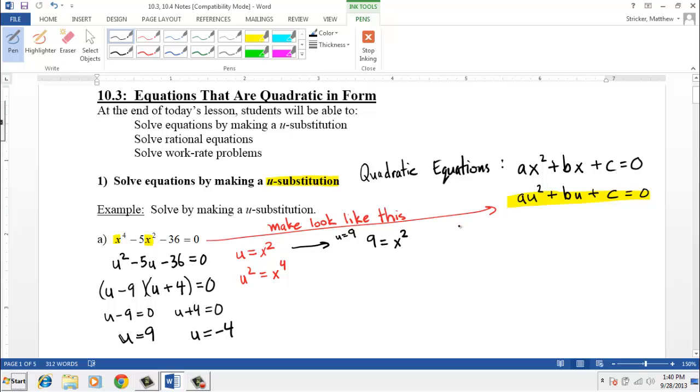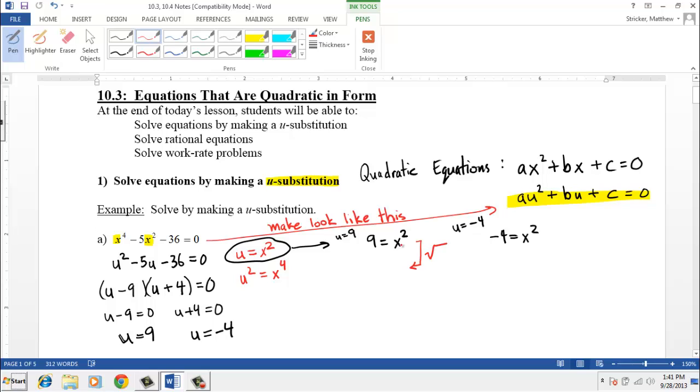And then my second one was U equals negative 4, which means this equation would turn into negative 4 equals x squared. Then how do we solve that? How do we solve for x? Well, hopefully you said the square root property, like we did in a couple of videos ago.